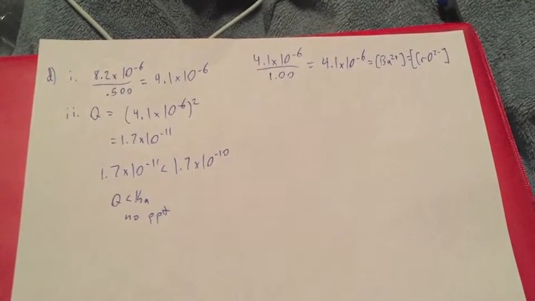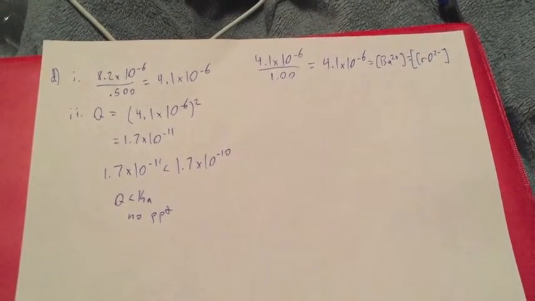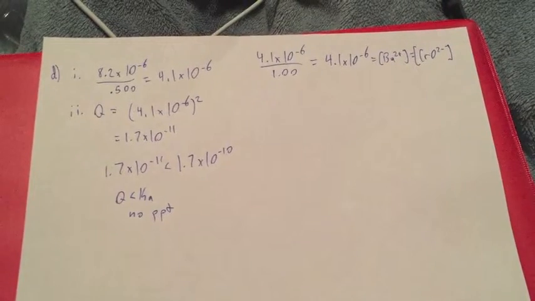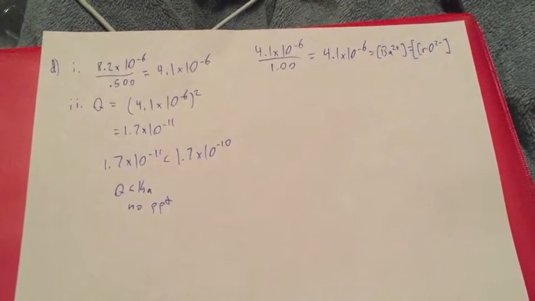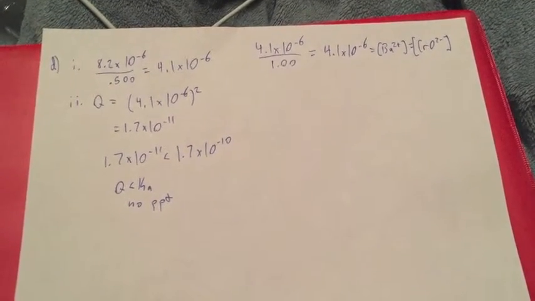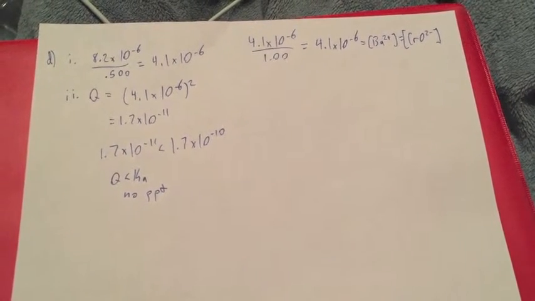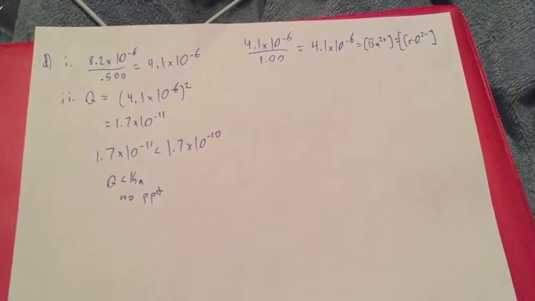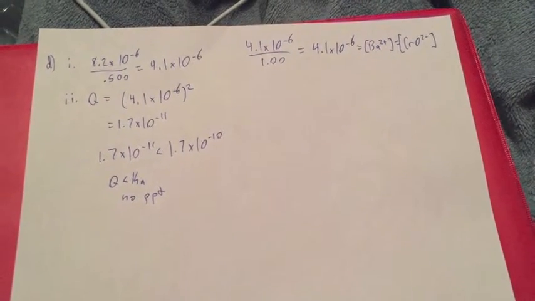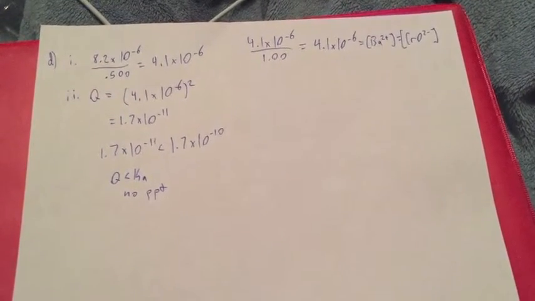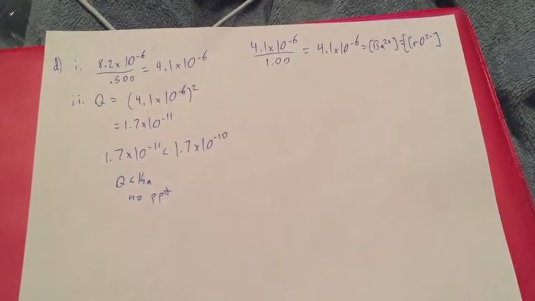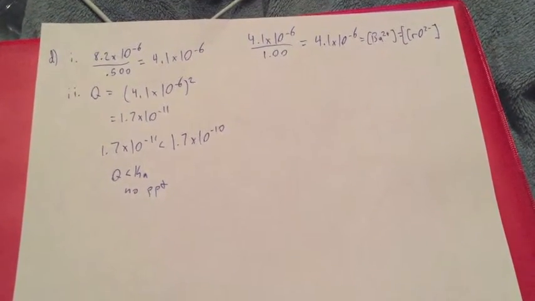So this is our new moles value, and we can divide that by the new volume, which is 1 liter, and we still have 4.1 times 10 to the negative 6, which is the new molarity value for Ba2+ and CrO4 2-.